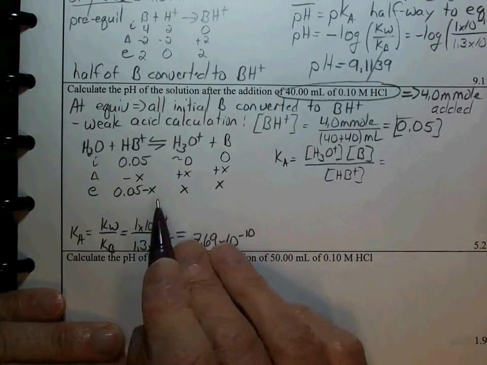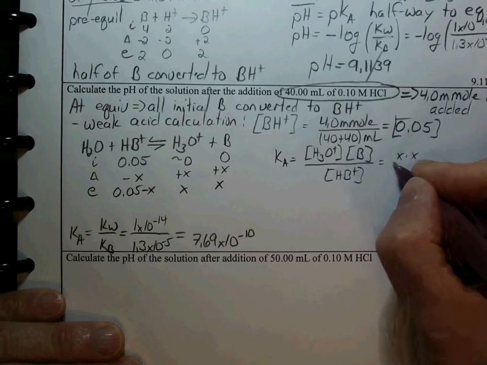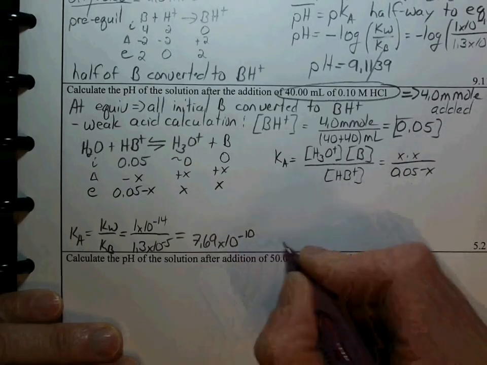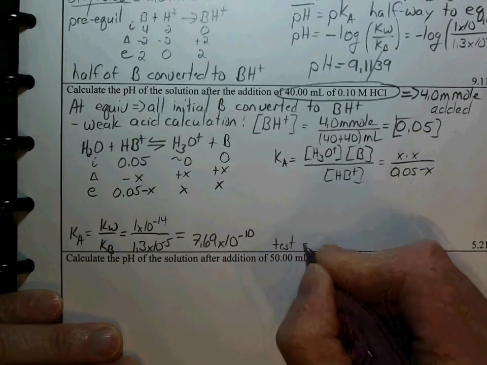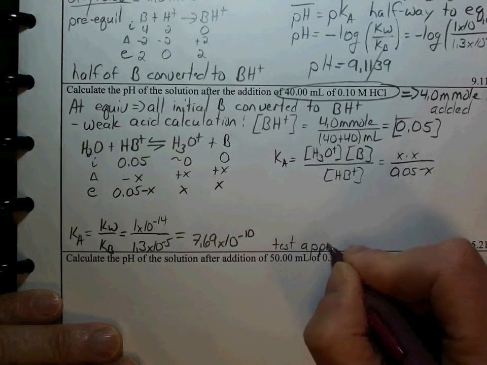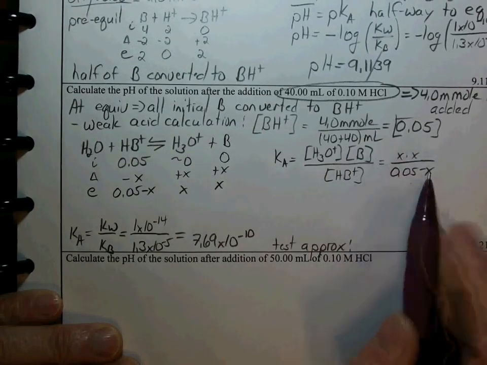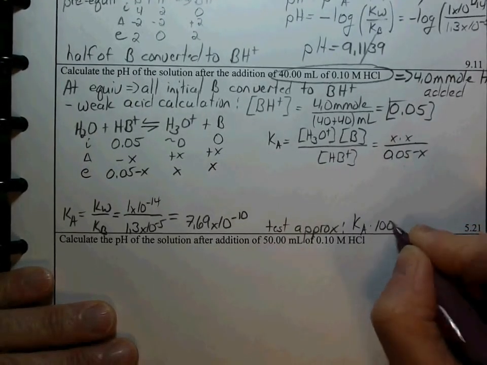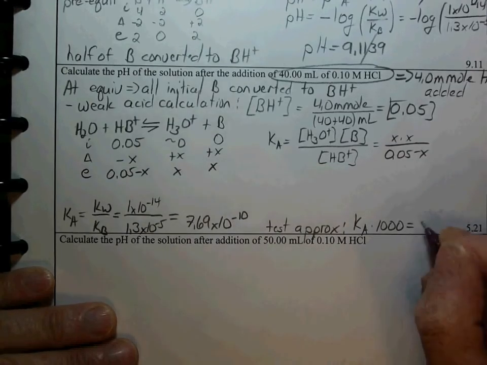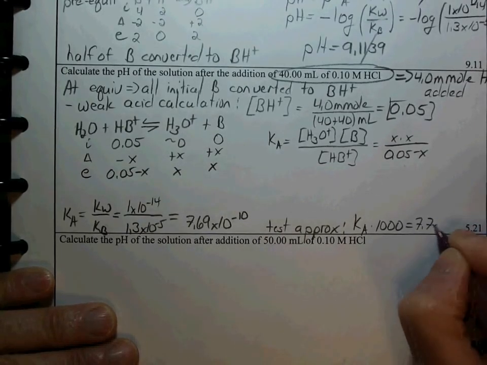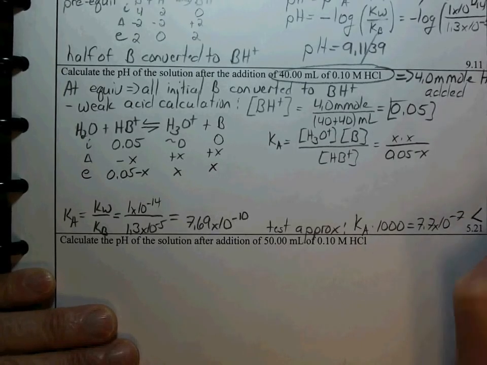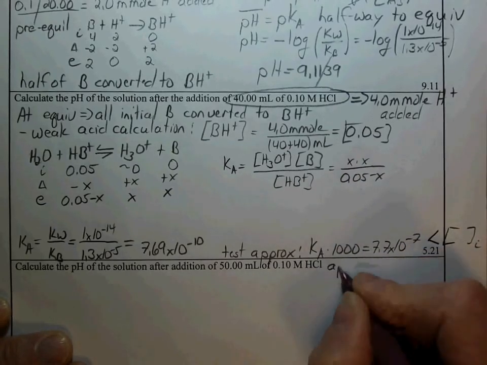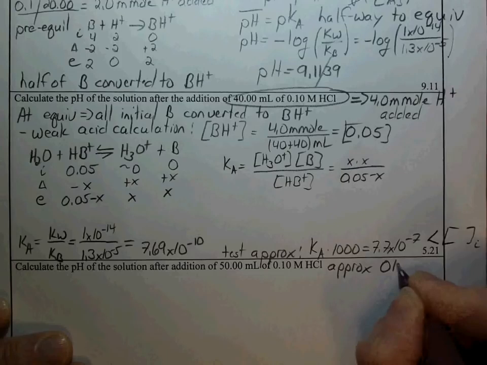Plug in our values from the ice table. X, X, 0.05 minus X. We can test our approximation to see if we can get rid of this and not have to solve a quadratic. Ka times 1,000 is equal to 7.7 times 10 to the minus 7, and that's certainly less than our initial concentration. So our approximation is okay.